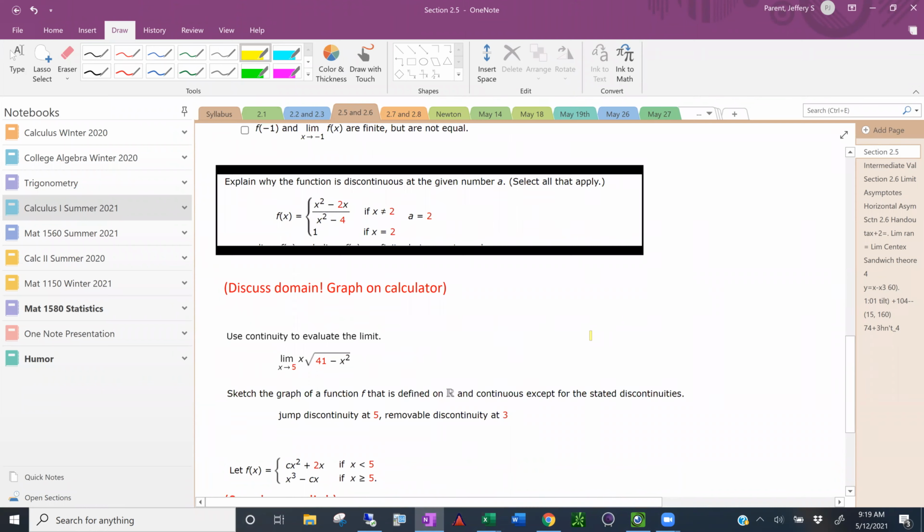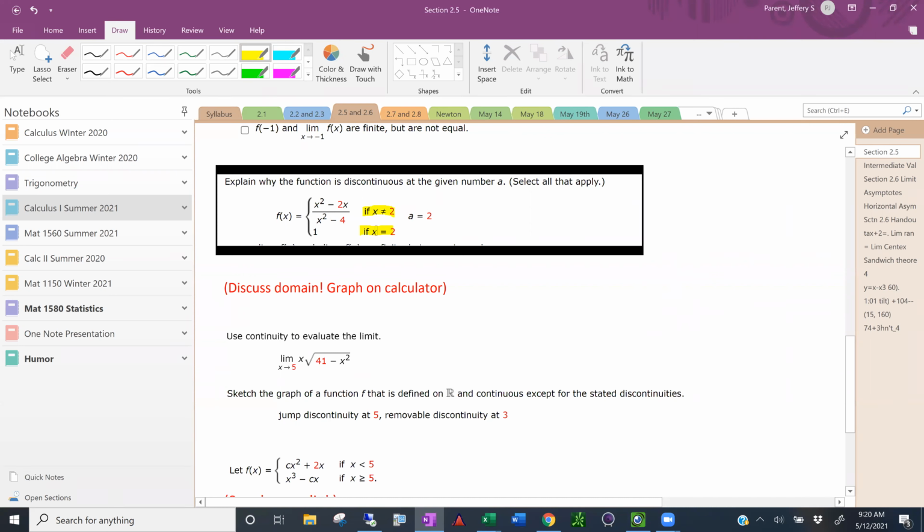Explain why the function is discontinuous at the given number a. So here's your function, x squared minus 2x over x squared minus 4, as long as x is not equal to 2. If x equals 2, then we're going to define the function as 1.